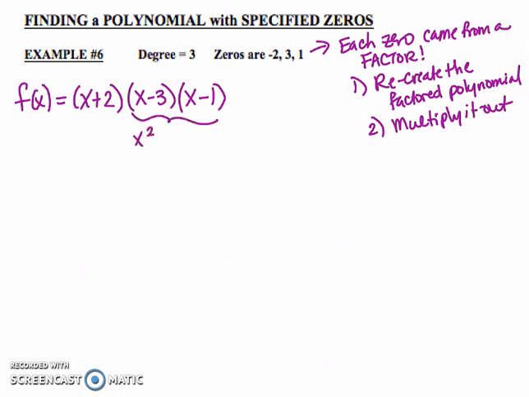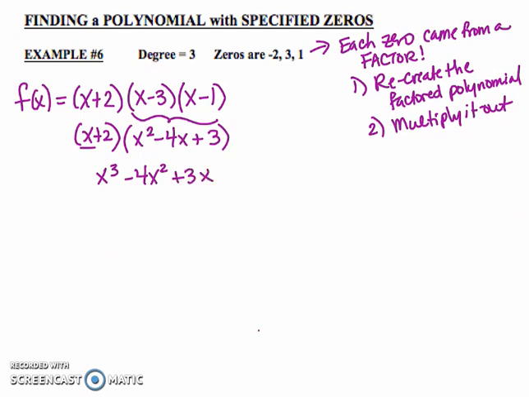So this is going to give us x squared minus 3x minus 1x makes minus 4x in the middle, and then plus 3. So now I have a trinomial times a binomial, so I just have to do the distributive property twice. If I take the x from the x plus 2 and I multiply it all the way across, I get x cubed minus 4x squared plus 3x.